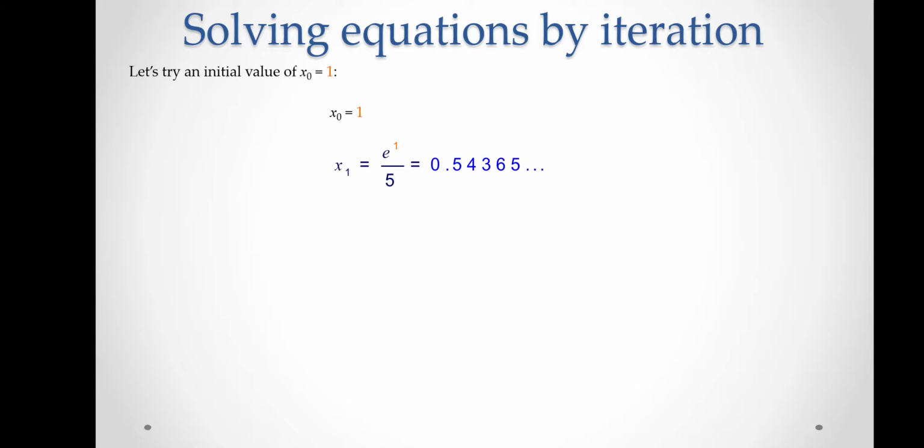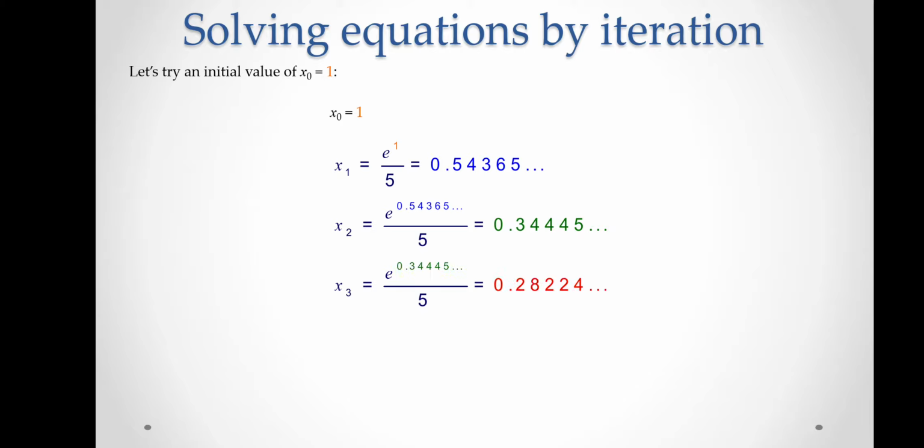Then again use the iteration formula and substitute n as 1, then x2 comes. x2 is equal to e to the power x1 divided by 5. So x1 we have already found, 0.54365, so you can substitute that to find the value of x2.